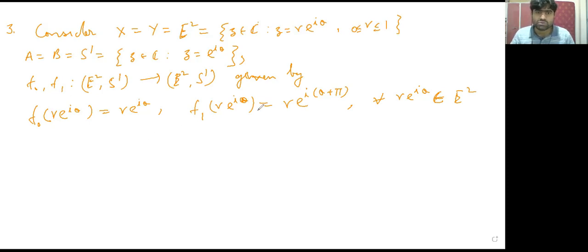So basically, F1 is the reflection through the origin, right?